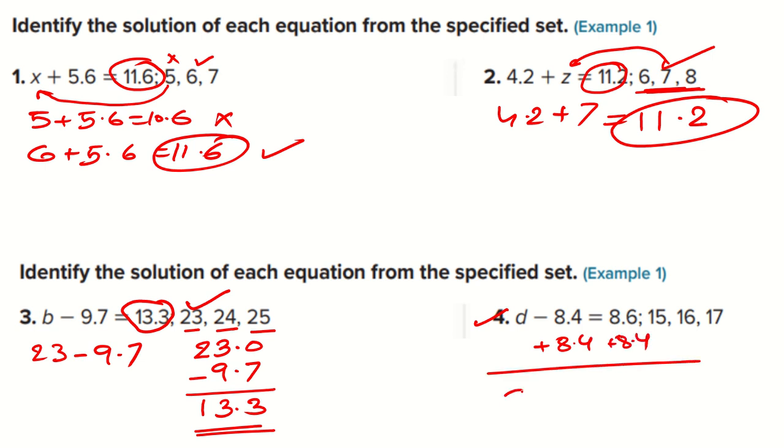So D is equal to, because the positive and negative cancel. Now add 6 and 4, 10, 1 carried forward, 8 and 1, 9, 9 and 8, 17. So what answer did we get? 17.0. So this 17 will be the correct answer. Actually, I prefer this method because it will save your time in putting the substitutions. If unfortunately the third answer is correct, you will unnecessarily waste your time calculating the other two numbers.